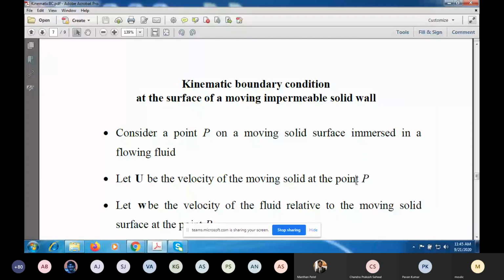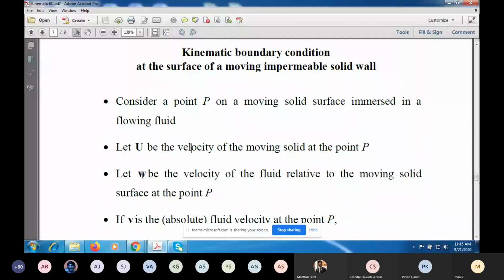But if the solid is translating as well as rotating, or simply rotating about some point, then this vector U in direction and magnitude may be different at different points. So what we are trying to do is generalize the analysis which we have already done to the case when the surface is moving. Now let W vector be the velocity of the fluid relative to the moving solid, again at the point P.